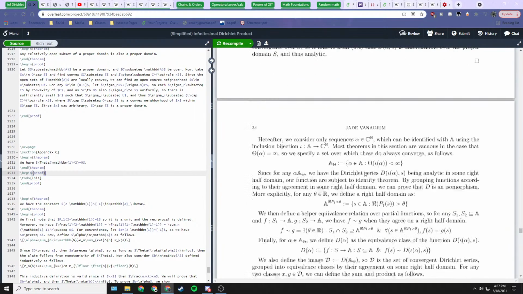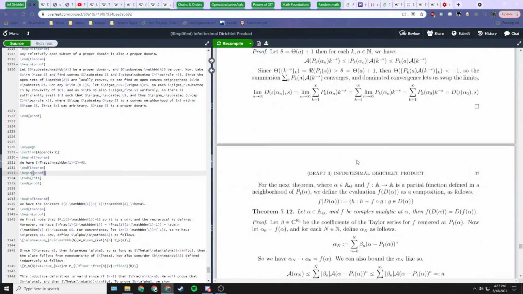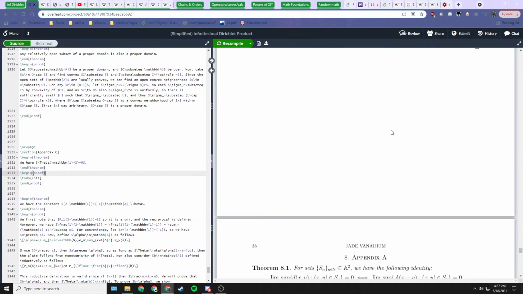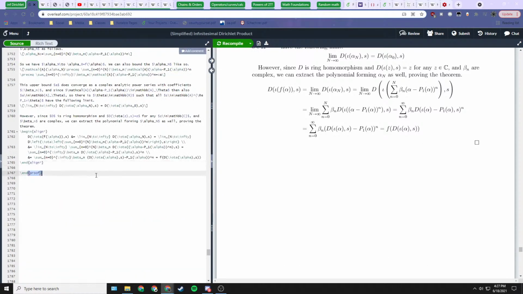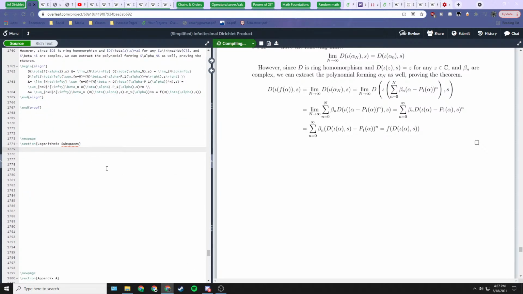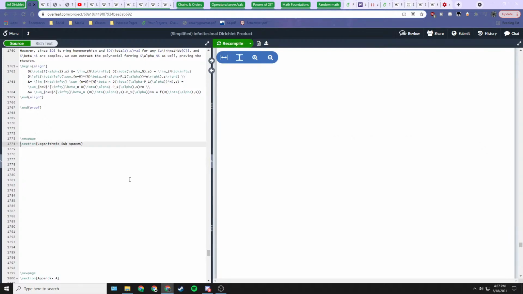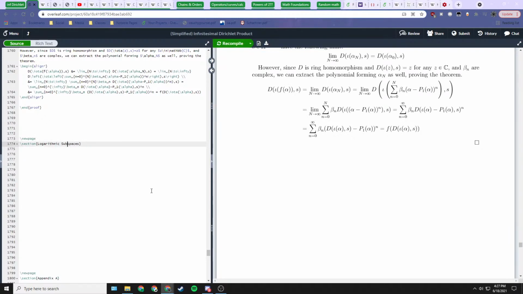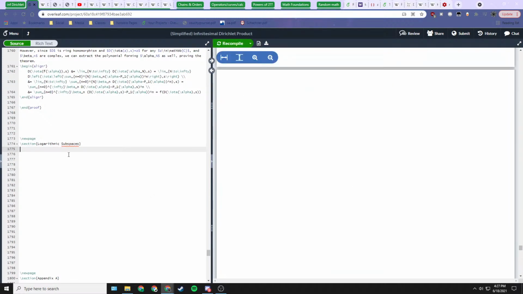Actually, we can write the introduction right now, because I already know what it's going to say. This last section that we're going to write about is logarithmic subspaces. By subspace we mean in the sense of a linear subspace.